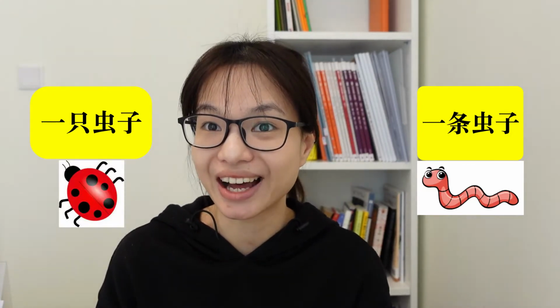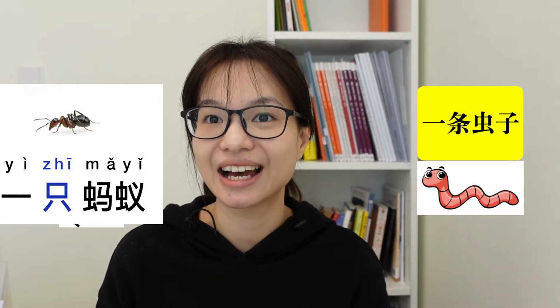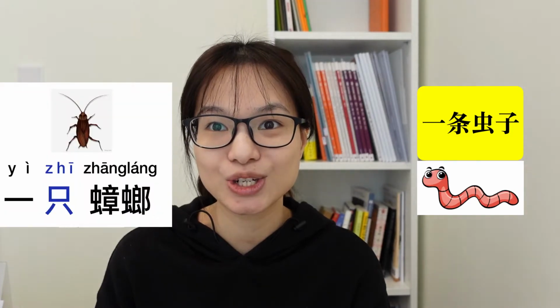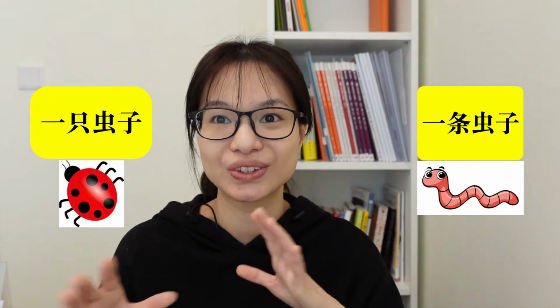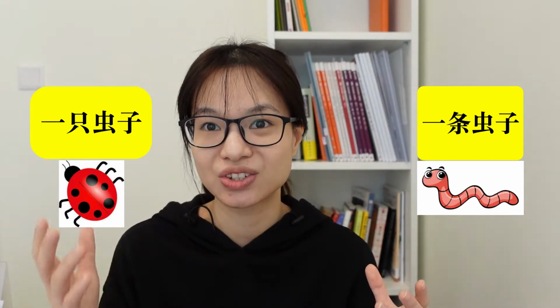So for an ant, we say 一只蚂蚁. And if we want to say a cockroach, 一只蟑螂. So you get the idea of how the measure word also changes the things that are referred to. If we change the measure word, the sense is changed.